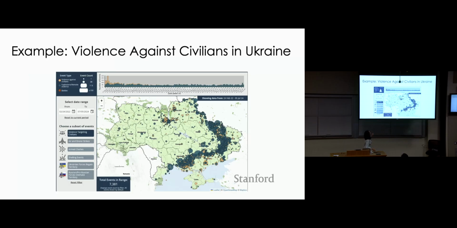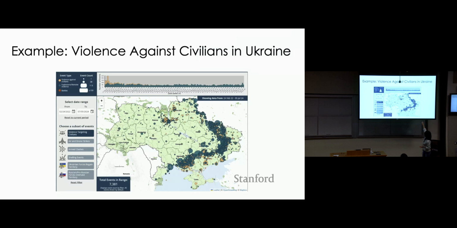Okay, so there are armed clashes, shelling events, and the things that are highlighted are violence targeting civilians, and you see a lot by looking at this picture. This is the accumulation of results. If I give you a whole bunch of news articles, well, how much can you read? And by the way, what languages are they in? You cannot read them.